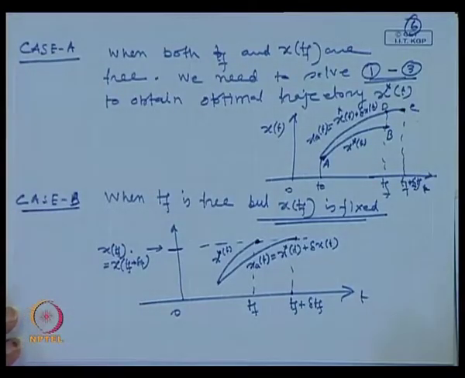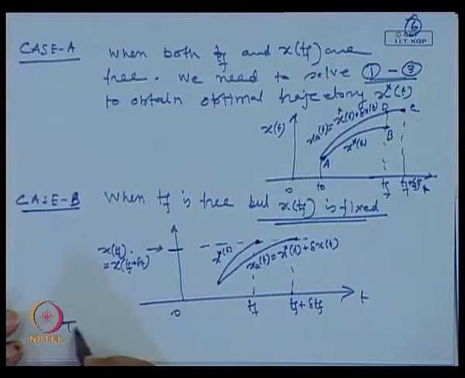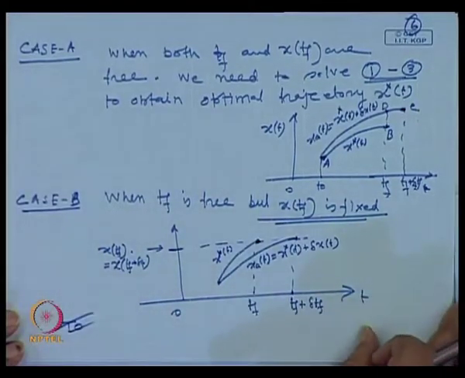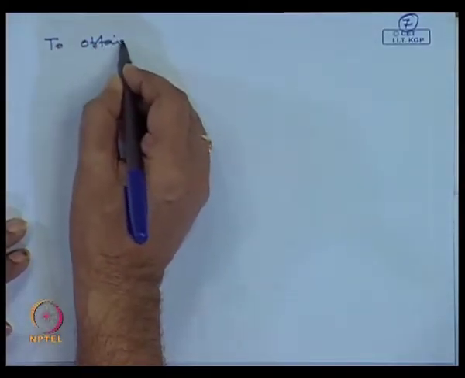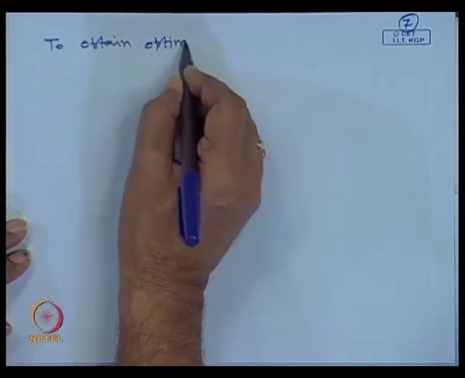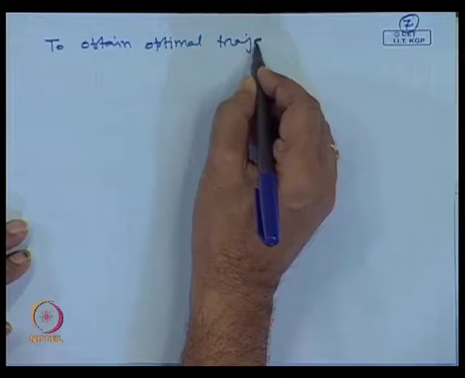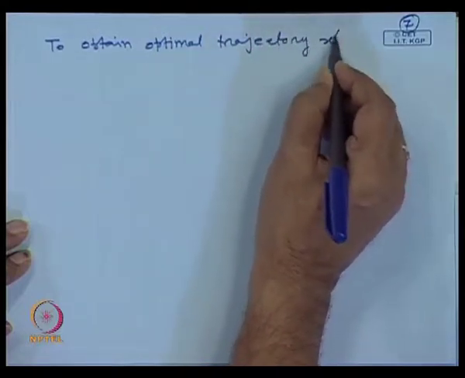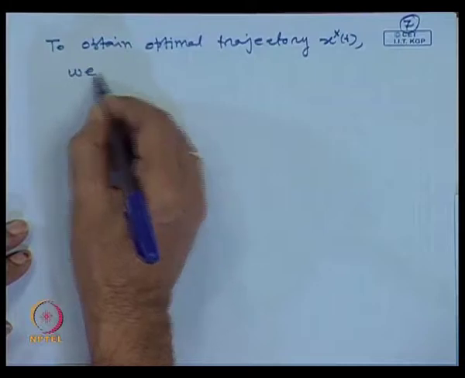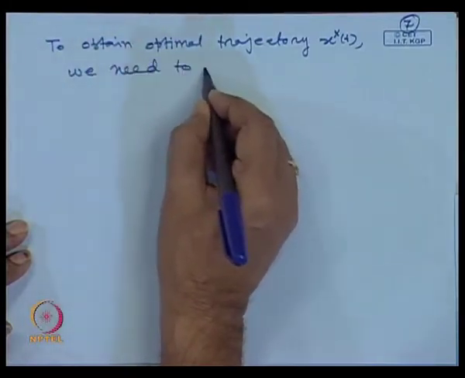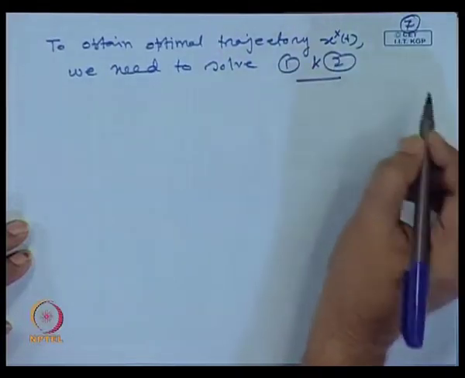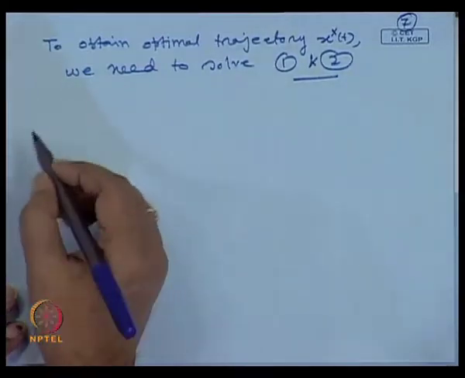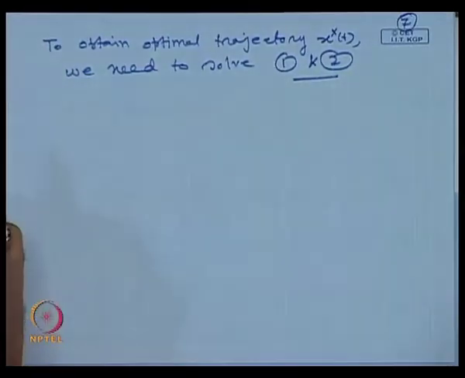So we have to solve equations 1 and 2 to obtain the optimal trajectory. Agree?